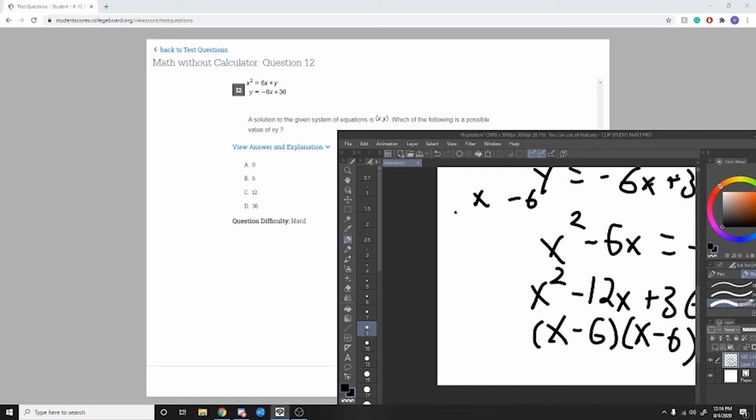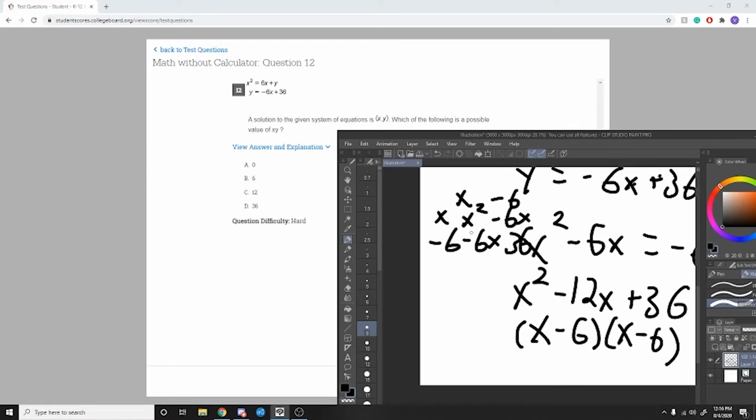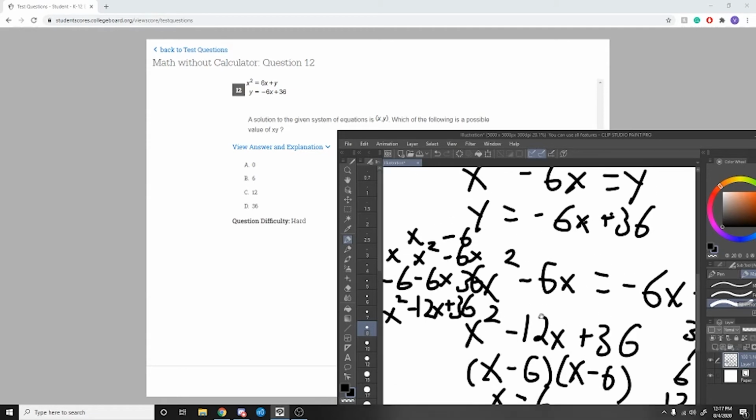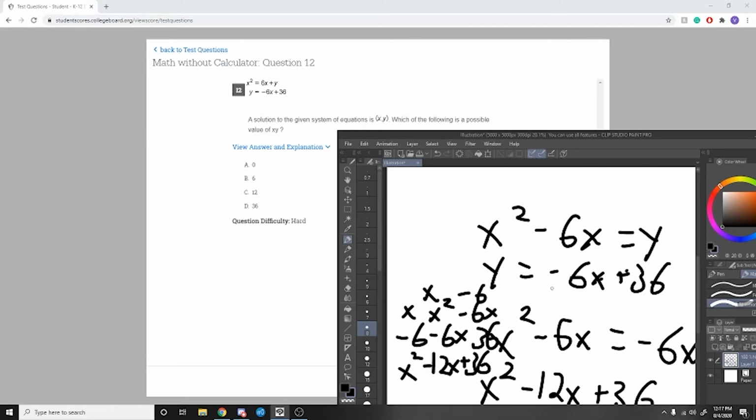Negative 6, x, negative 6, that'll be x squared, minus 6x, minus 6x, and then 36. So that's the correct answer, because that will basically be x squared minus 12x plus 36. So now you know x equals 6.